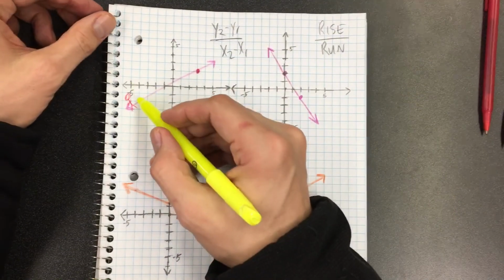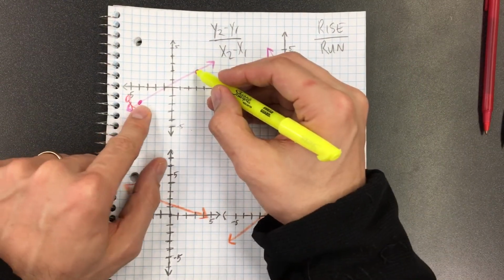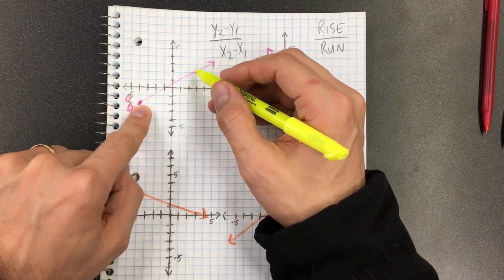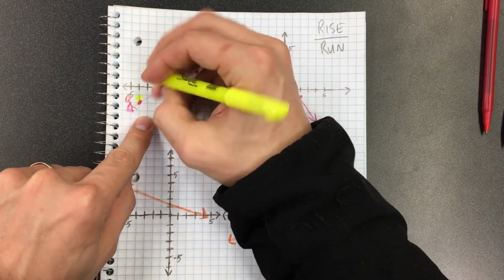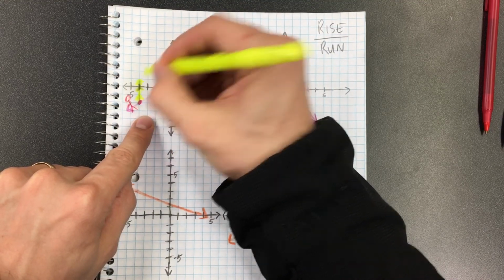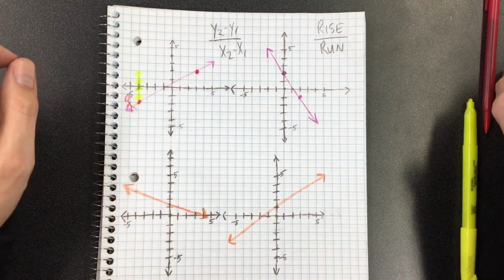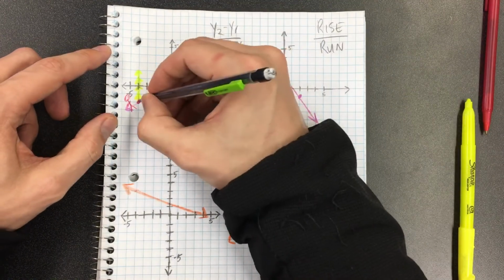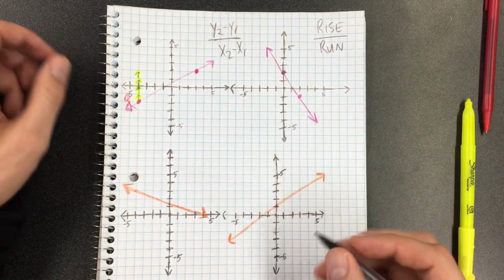I start at the point on the left, and I just figure out to get from this point to my second point, how many spaces will I have to rise up? If I'm going to rise up here, I'm going to draw 1, 2, 3, 4. I don't know if you can really tell there, but I actually drew little arrows. I'm going up 1, 2, 3, 4. I have to rise up 4.